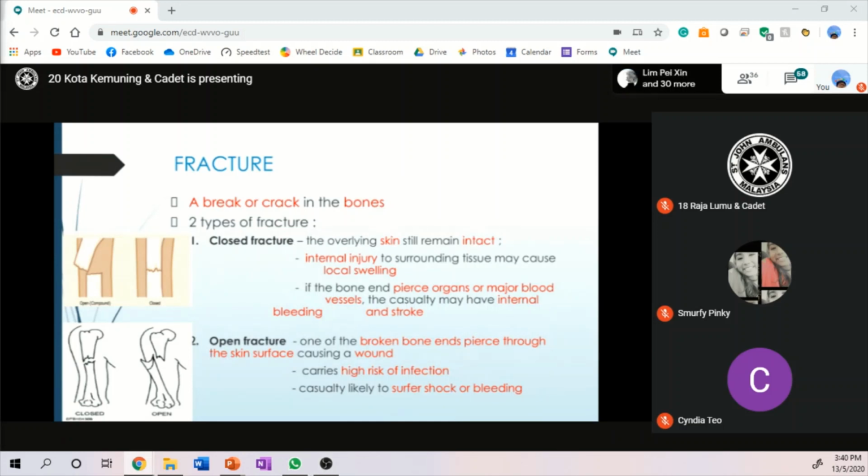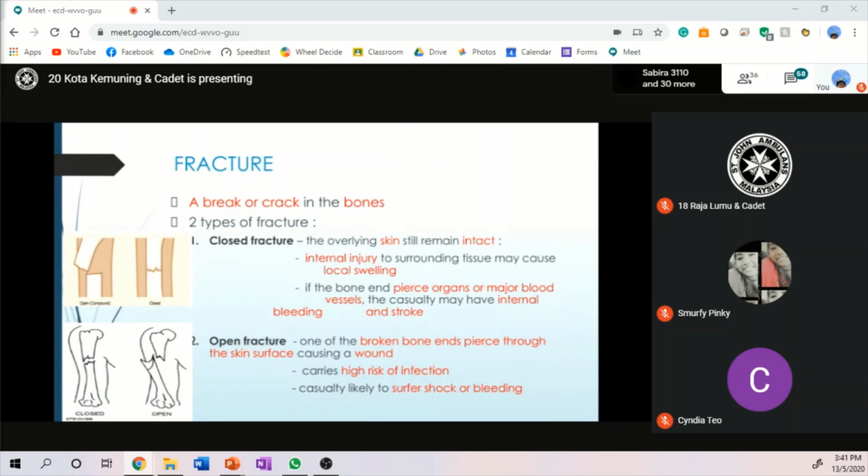But the broken bone pieces can be very sharp, and they may pierce your organs or major blood vessels. Then the casualty may have internal bleeding and shock.